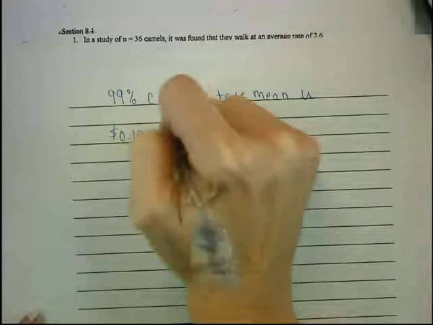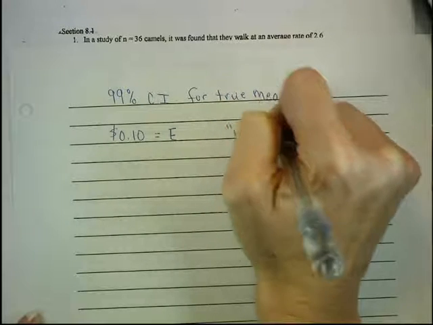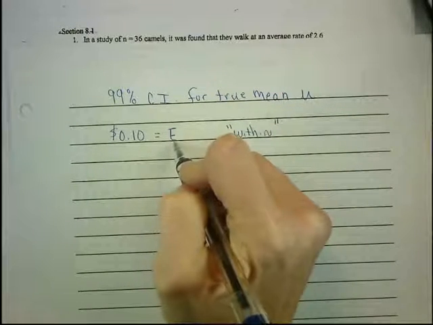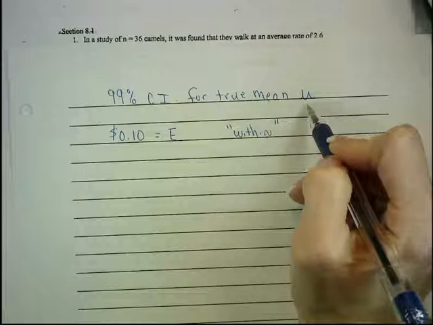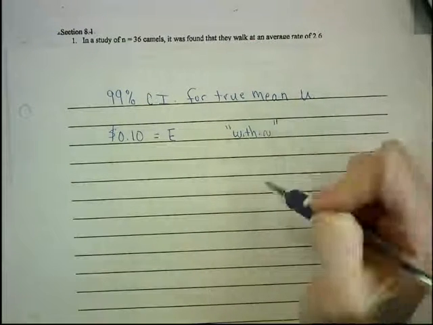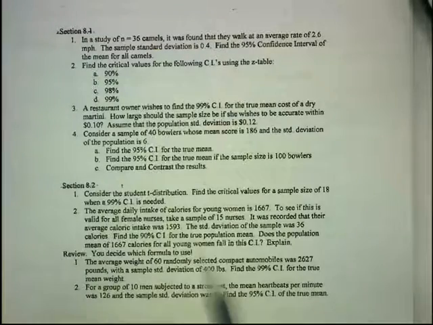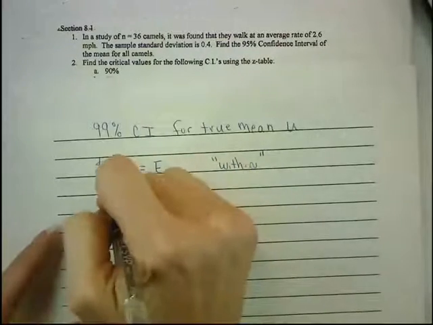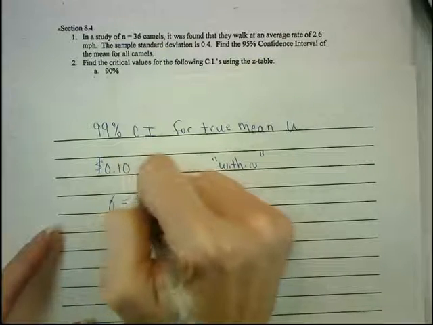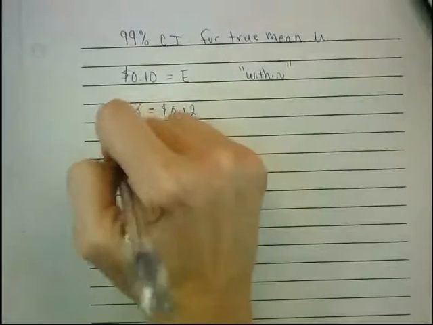That is your E. And again, the key word is accurate within. That's the maximum difference allowed between the true mean, mu, and the sample mean, x bar, 10 cents. And then the final, assume the population standard deviation is 12 cents. So sigma is 12 cents.